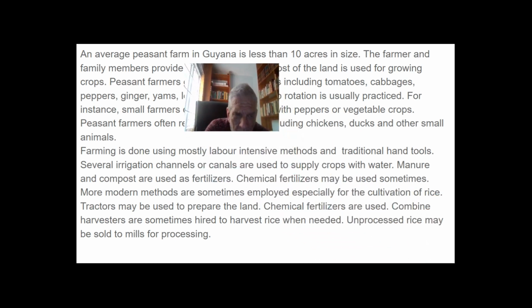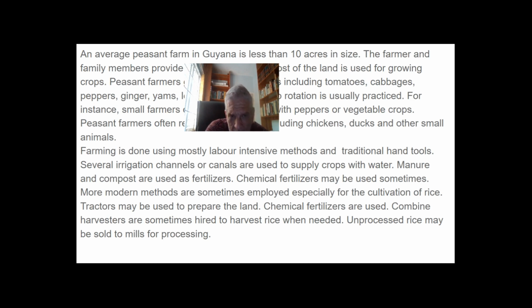I think one of the points about peasants is they don't have much money and therefore they can't buy expensive tools or fertilizers or pesticides. So they just use traditional hand tools.